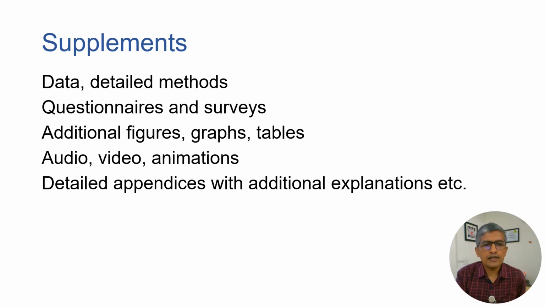And other files like audio video files, sometimes they will allow you, but we upload these less commonly, sometimes animations also. And sometimes we have detailed appendices with additional explanations for your findings or if some stuff in your tables and all that. So those also can be uploaded as supplements.